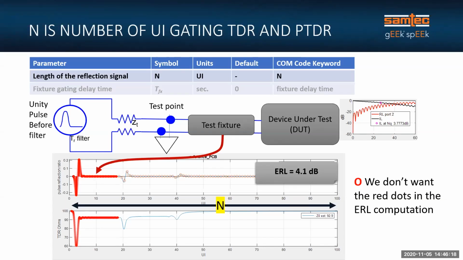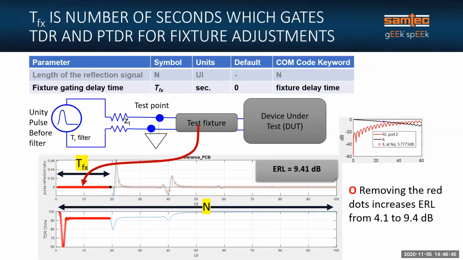So if I reduce N to, let's say, 40 UI, and N is actually in seconds, but let's say I reduce it, there would be no computation between 40 and 100. There would only be between 0 and 40. In this case, for this reference, it's got 4.1 dB ERL when I did the computation. So let's look at the next slide that includes a fixture delay.